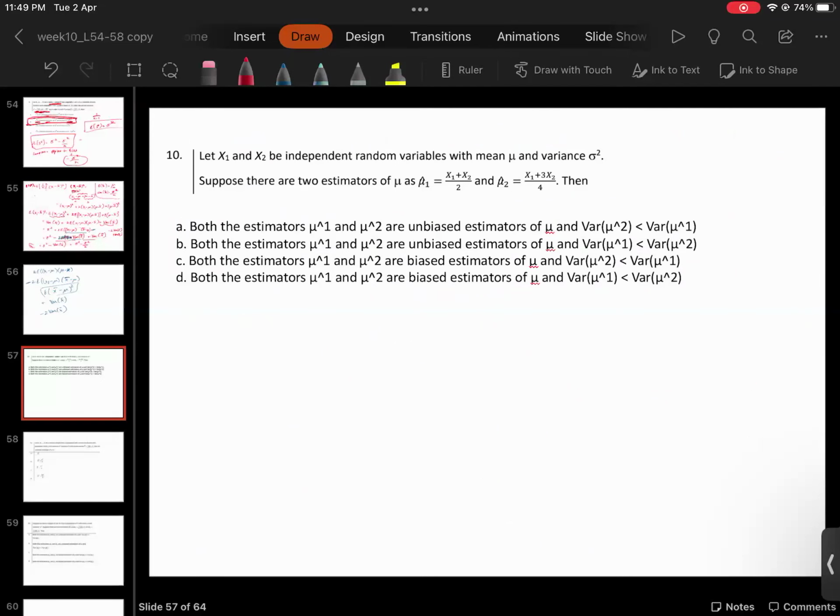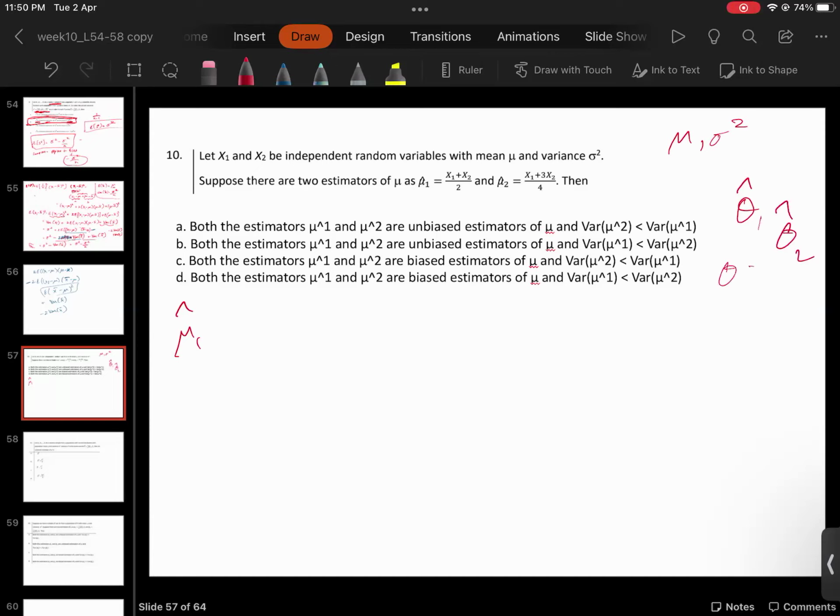Okay, this one: let x1 and x2 be independent random variables with mean mu and variance sigma square. Now we have two estimators. Like theta is some estimate, theta hat is an estimate. So when you have multiple estimates, you have theta 1 hat, theta 2 hat.